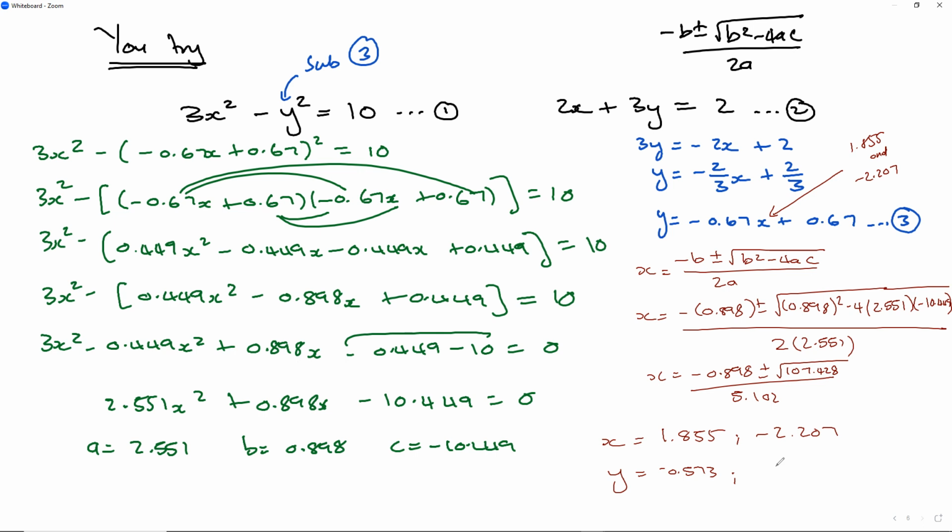Keeping it in your calculator to save time, and negative 2.207 gets you 2.149. And so those are the two coordinates I have, 1.855 and negative 0.573, or negative 2.207 and 2.149 as the intersection points that we would expect for this.